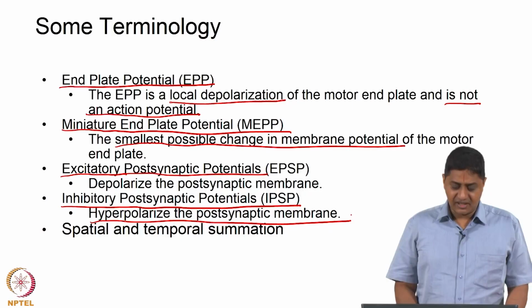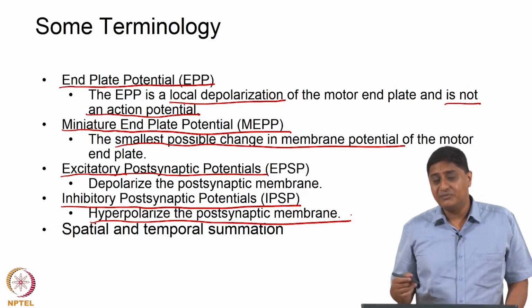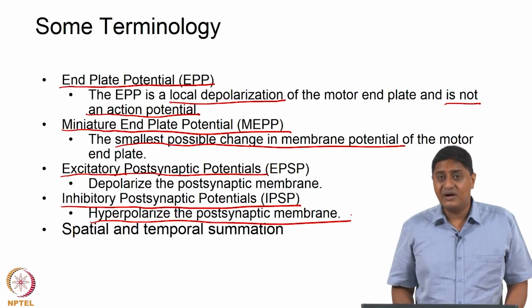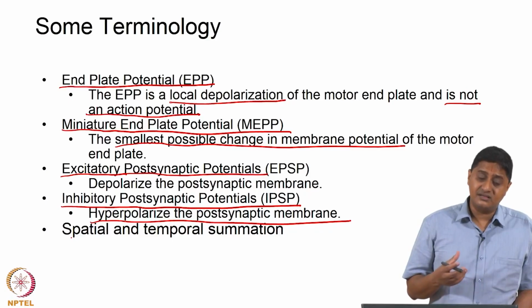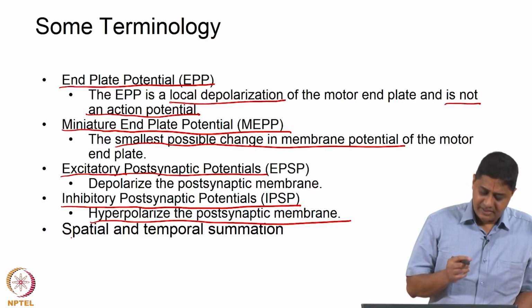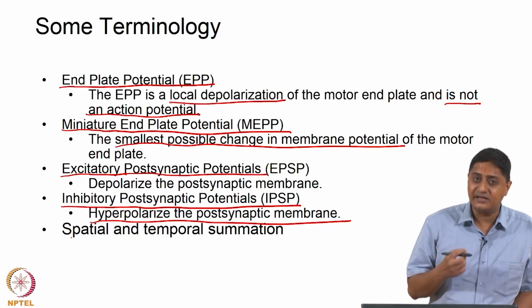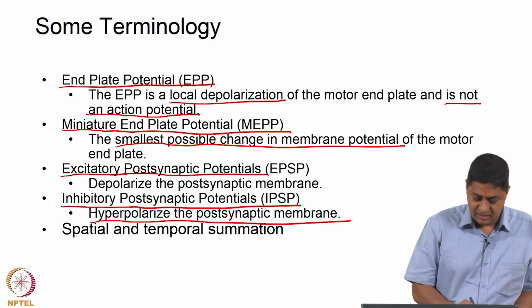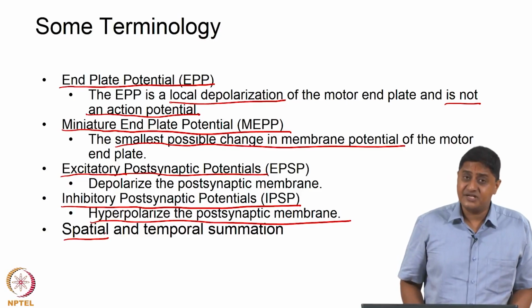And then we saw what spatial and temporal summation are. If at a particular point in time multiple inputs arrive from several points in space and that information is summed or integrated to produce an action potential or cause some outcome, that is called spatial summation.